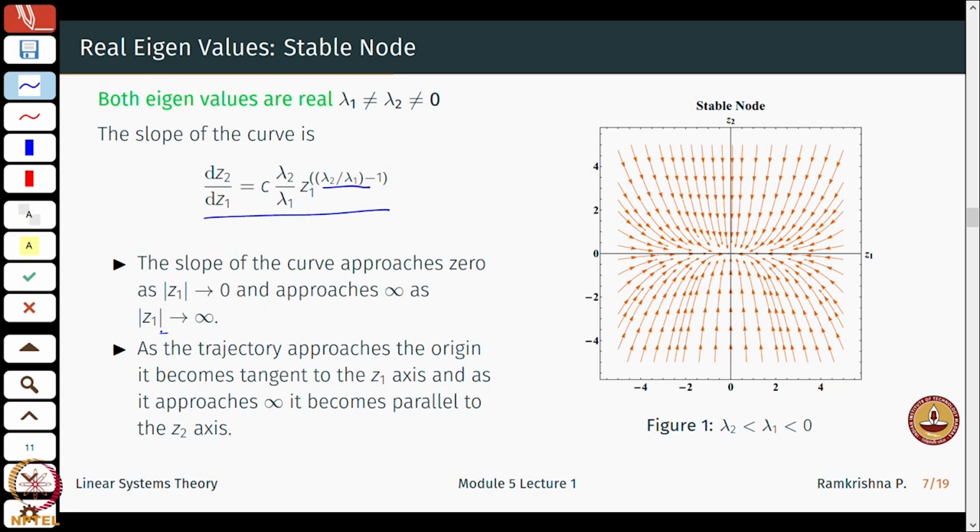So, as the trajectory approaches the origin, it becomes tangent to the Z1 axis, and away from the origin, at really at infinity, it becomes parallel to the Z2 axis. You can just plot this for yourself and check.